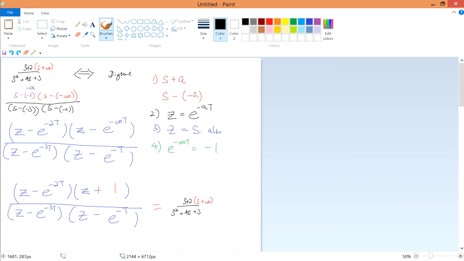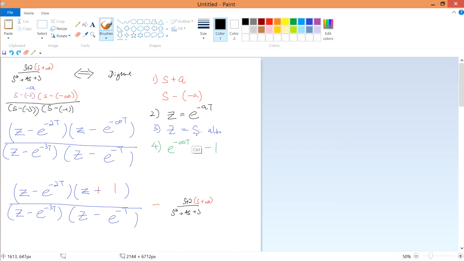You can straight away write this as e to the minus at, and this s you can change to z, because s is equal to z. For example, s minus -2, I can straight away write z minus, and I know that -2 can be written as e to the minus 2t. Bam, that's it, finished.